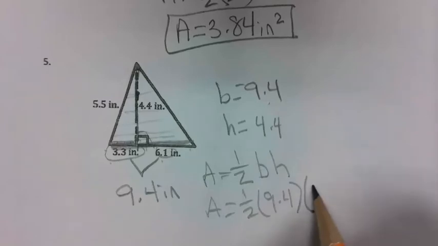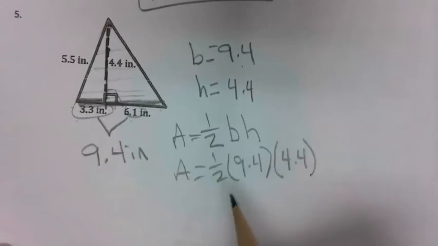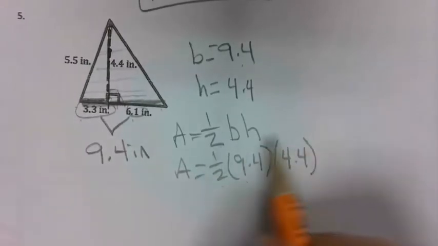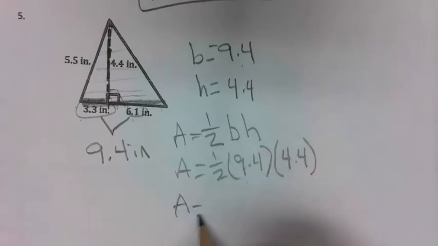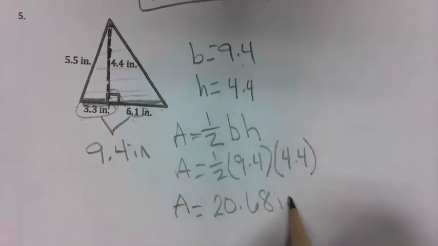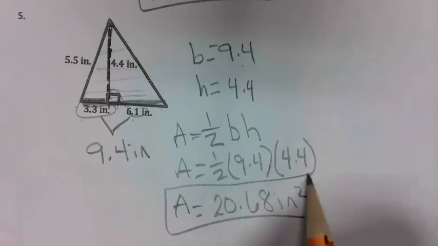What's my height? 4.4. Calculator, 1/2 times 9.4 times 4.4, or multiply 9.4 times 4.4 divided by 2. It will give me the same result, 20.68. I'm dealing with inches squared.